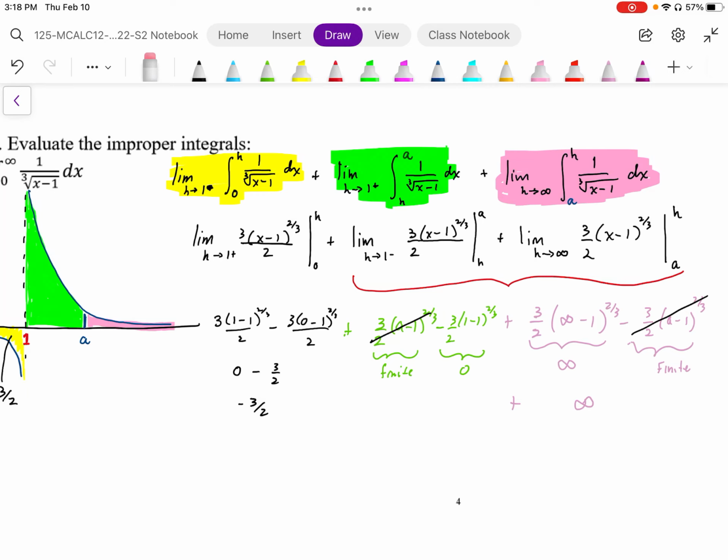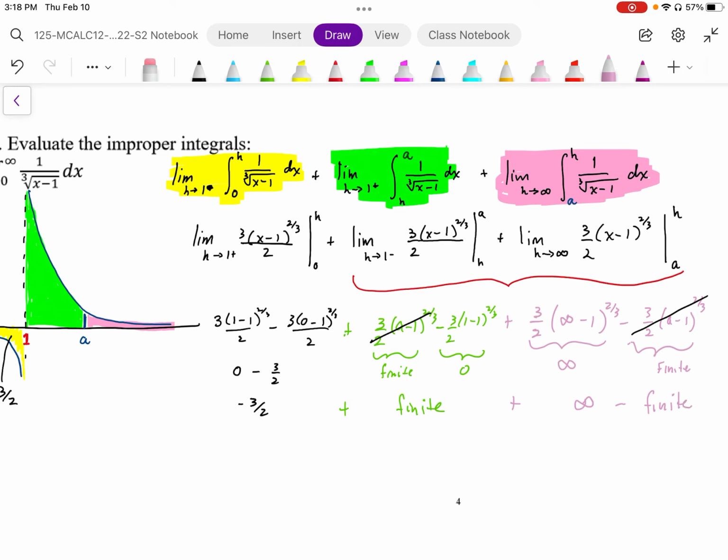Okay, so in the end, we end up with some finite value here, plus negative 3 over 2, and this finite value over here that we're going to subtract is actually the exact same finite value.